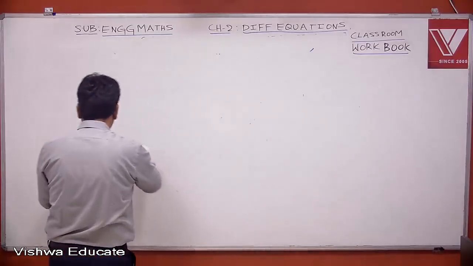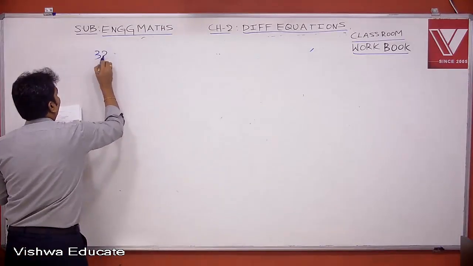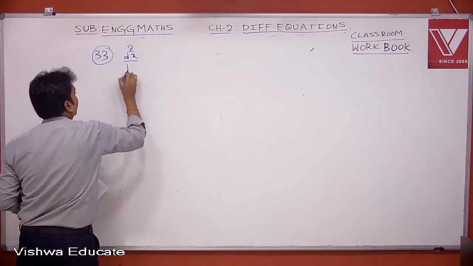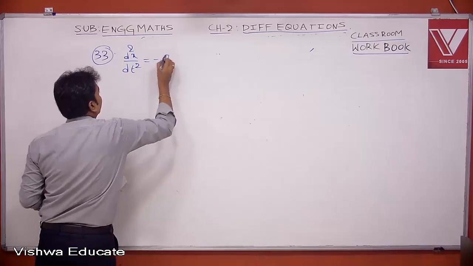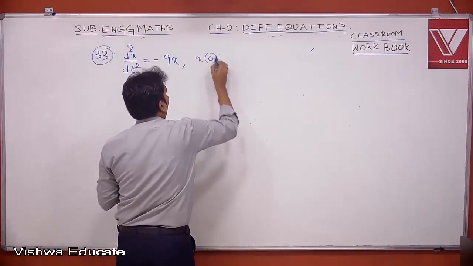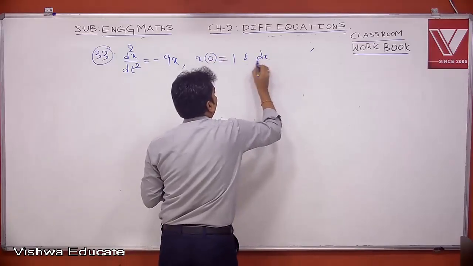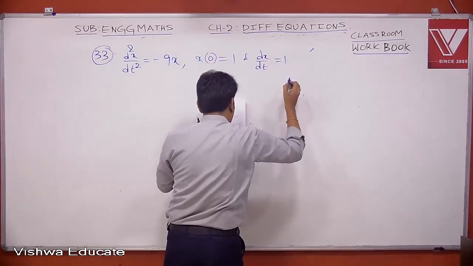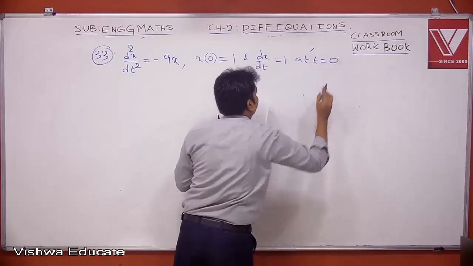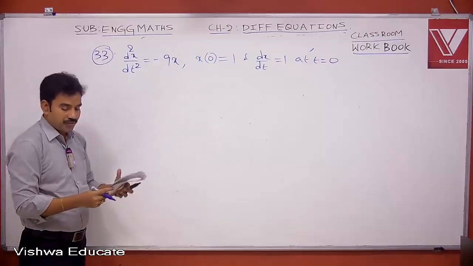This is almost similar to the previous question, but here the options are given as particular solutions. The equation is d square x by dt square equal to minus 9x with initial conditions x of 0 equal to 1 and dx by dt equal to 1 at t equal to 0. We need to find the solution of this equation under these conditions.